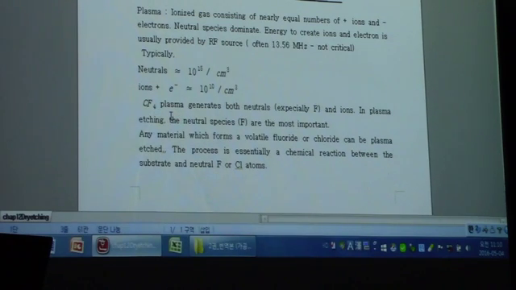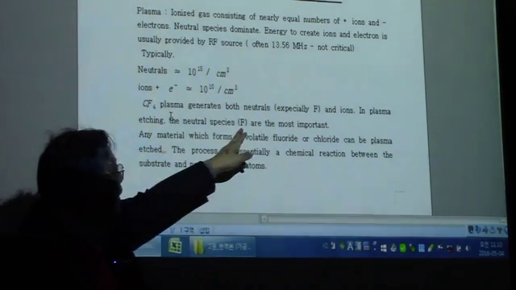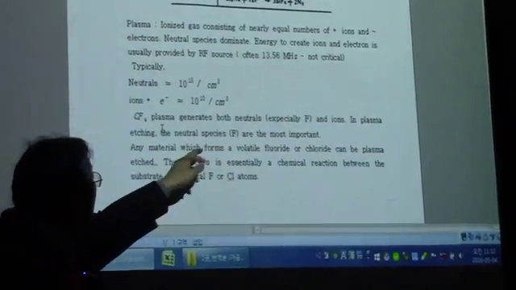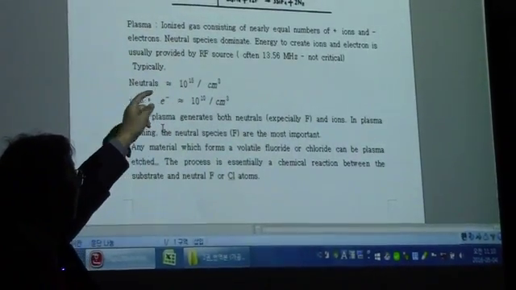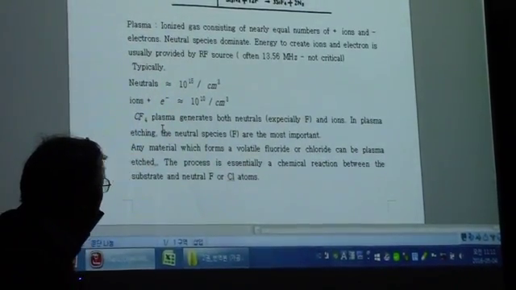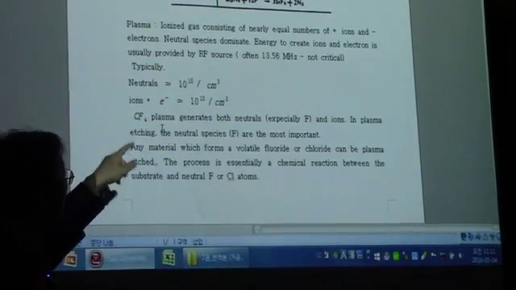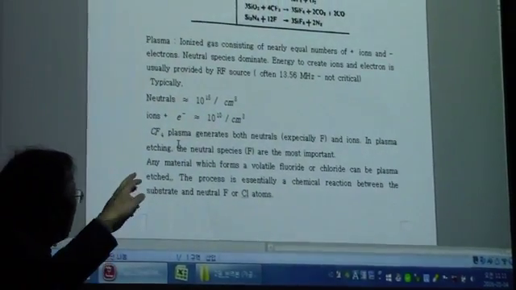So CF4 plasma generates both neutral species, especially the F atoms, and ions. In plasma etching, the neutral species F are the most important, because that is going to react with the silicon or silicon oxide or silicon nitride, as you can see in the table.